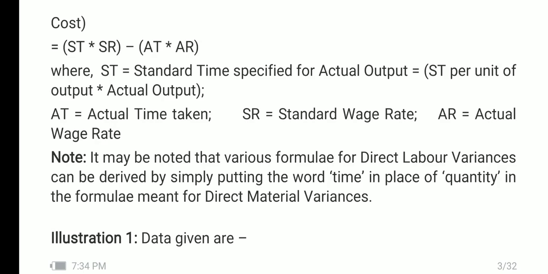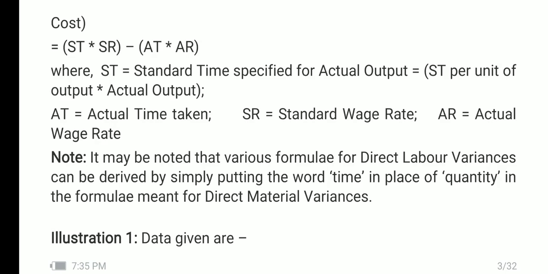It should be noted that various formulae for direct labor variances can be derived by simply putting the word time in place of quantity in the formulae meant for direct material variances.